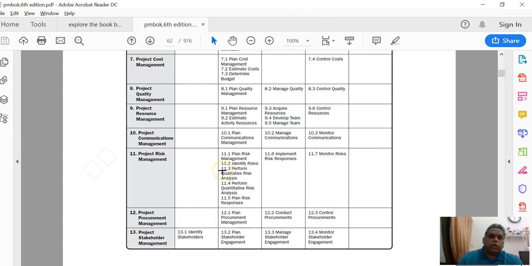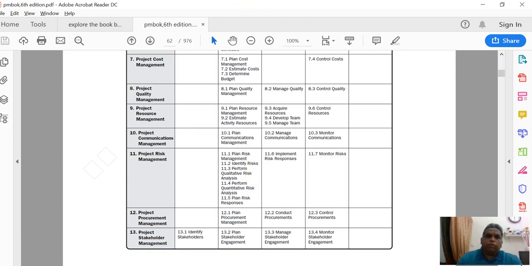And the last knowledge area, the last but one, is the stakeholder management knowledge area. On larger projects, we not only deal with a lot of internal stakeholders, we also deal with a lot of external stakeholders. Your external stakeholders could be your regulators that you would need to deal with.